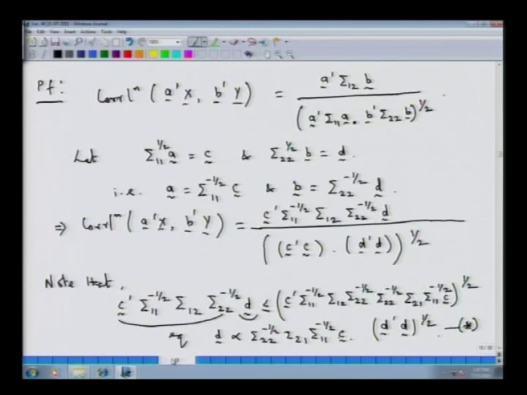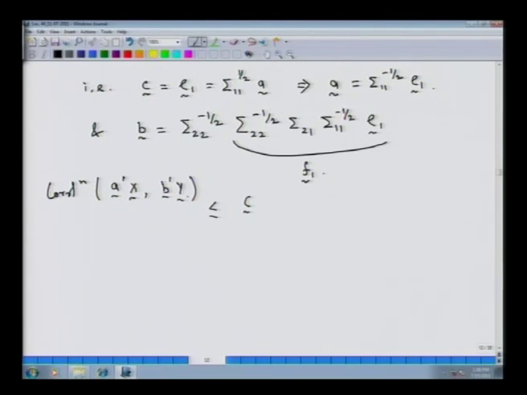let me look at that expression where we had that. So, this correlation was equal to this, where we had seen that the numerator is less than or equal to this, and hence the correlation between A prime x and B prime y is given by C prime sigma 11 to the power minus half sigma 12 sigma 22 to the power minus 1 sigma 21 sigma 11 to the power minus half times C, divided by C prime C, because the d prime d term cancels out.